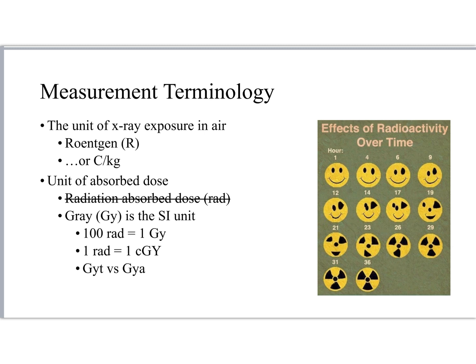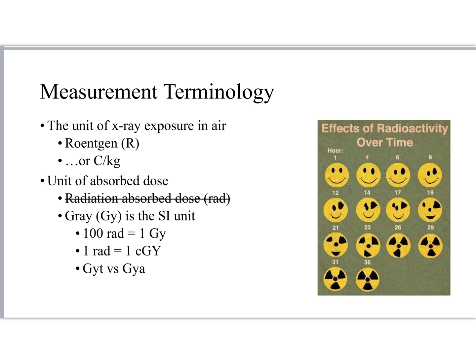But long story short, the SI units of measure are really nice in that we can transition from a unit of exposure, gray in air. We can speak about exposure in air, gray in air, or the amount of energy or work that's being done in air, and we can transfer that directly to gray in tissue. The traditional unit of measure was the rad, and we do not use that at all. But for the purposes of conversion, it's helpful to know that basically 1 rad equals 1 centigray.